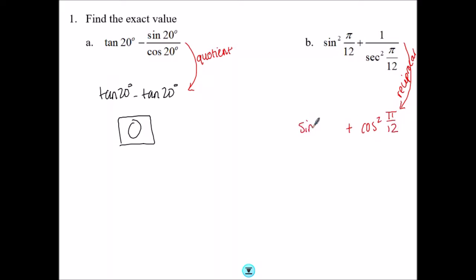So I have sine squared of pi over 12 plus cosine squared of pi over 12. Well, this is a Pythagorean identity, because I have sine squared plus cosine squared of the same angle. So my final answer is just 1.